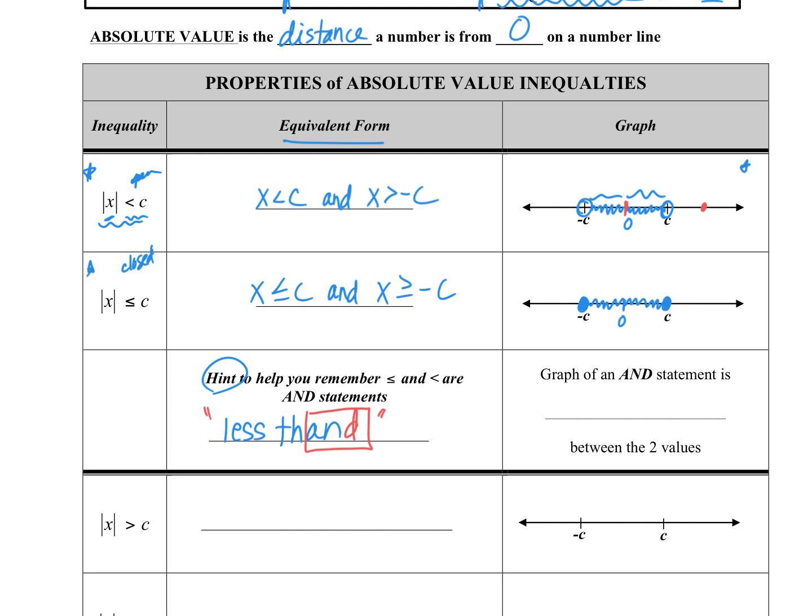Instead of less than, we say less than, and that makes the and, it reminds me that it's going to look like this, and the graph of an and statement is always between those two values. It's a sandwich, right? And if I asked you to show me that with your arms, you would put your arms across each other on top of each other, right? All right, so anything with a less than is an and.